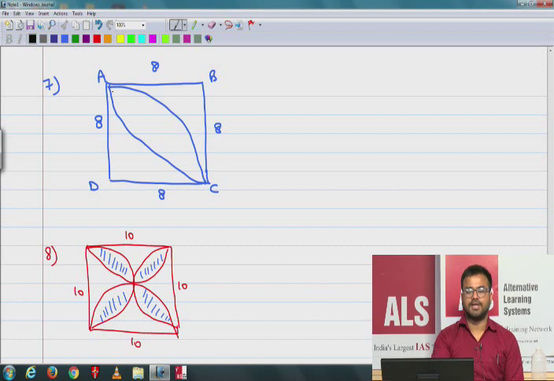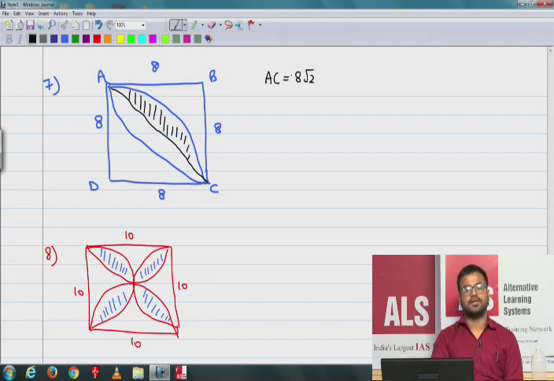See, in this question 7, in order to get the area for the shaded region inside, just join this AC first of all. Right. Now, if 8 and 8 is there, you can say AC, by Pythagoras, you can find AC as 8 root 2. So now what you can do, you can find the area for this quadrant ADC.